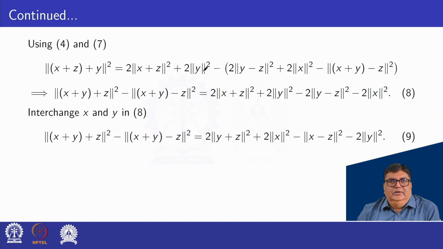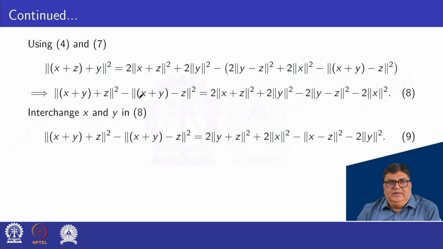Okay, so we get this one. And this can be rewritten as norm of (x plus y plus z) square minus, here this is minus, minus plus, and this is in the left side.